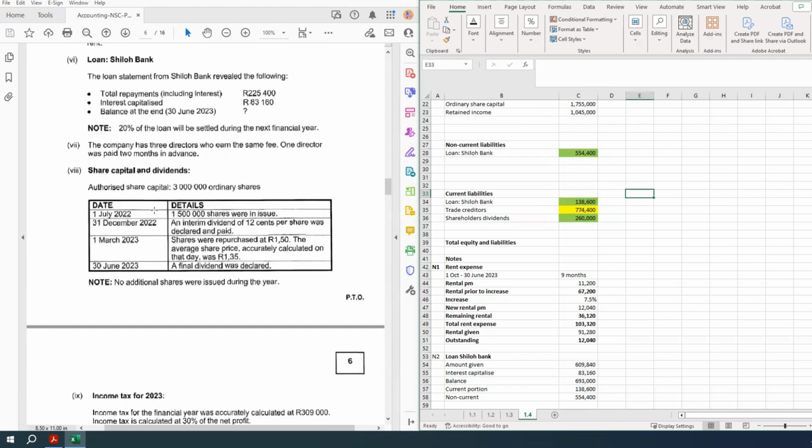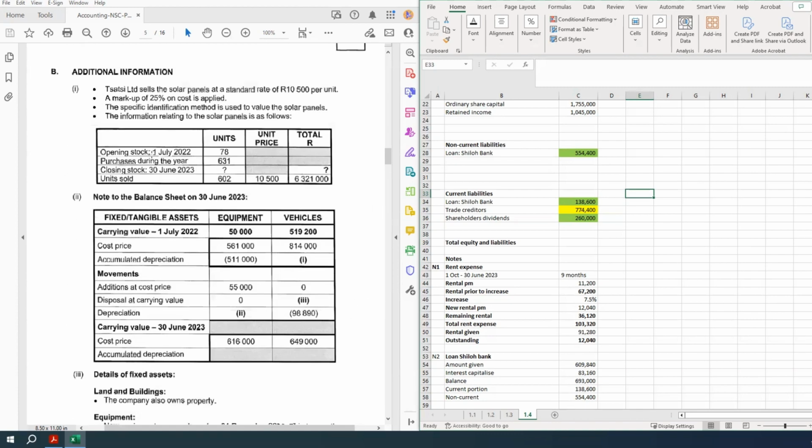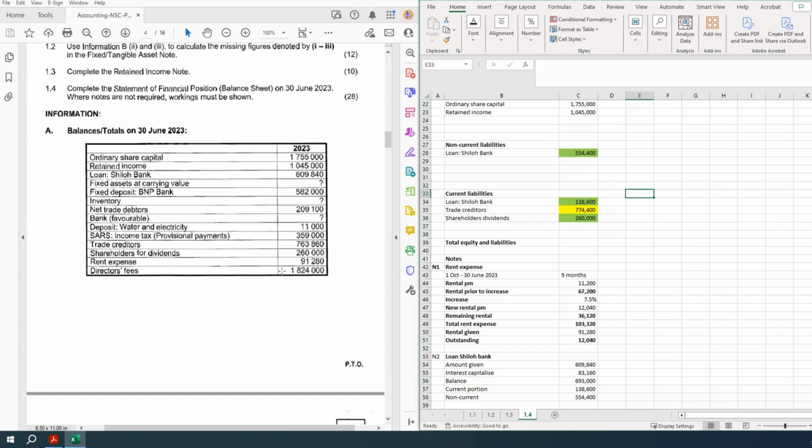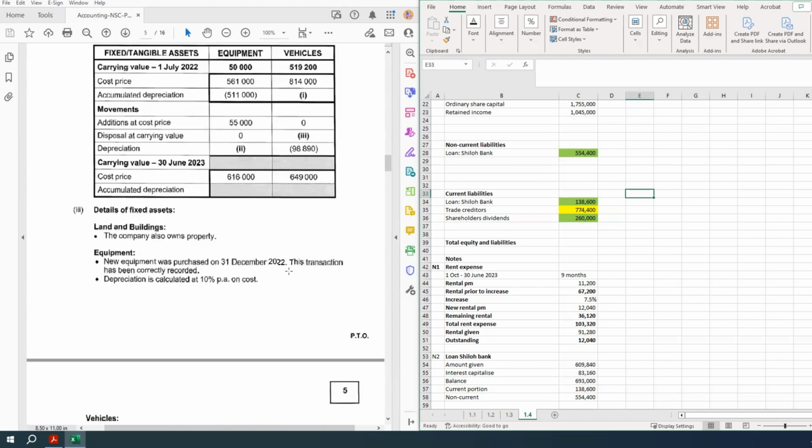Let's just move on. Then we're told the company has 3 directors who earn the same fee. 1 director was paid 2 months in advance. If I go back to the top here, I think they did give us the director's fees. So that's the director's fee that's been provided. The 1,824,000 is the fee, but we know now that this fee actually includes 2 months prepayment for one of the directors.